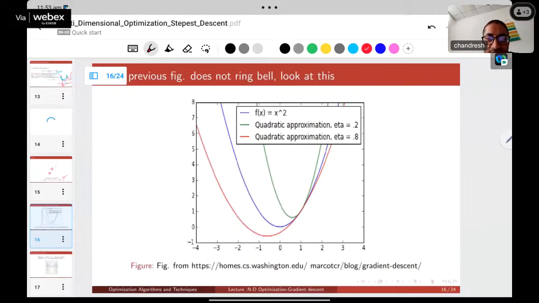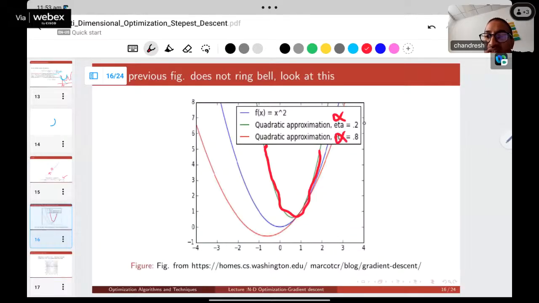Intuitively, let's say our function is the blue function, and look at the role of eta. If you use eta 0.2, you get this green approximation curve. Sorry, my bad, this eta is nothing but alpha, the step size.